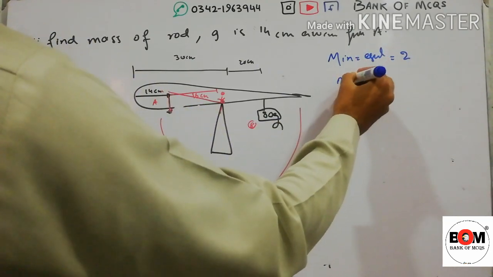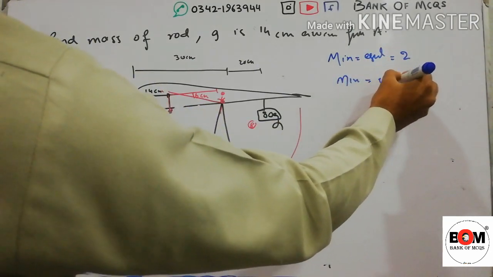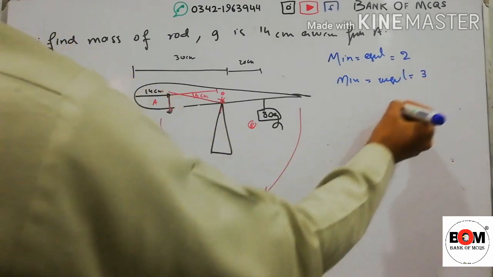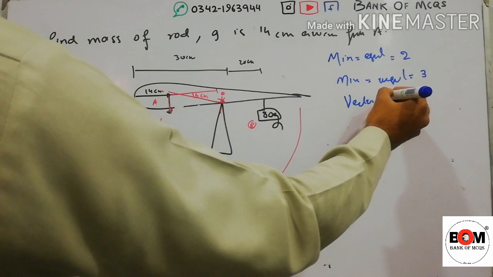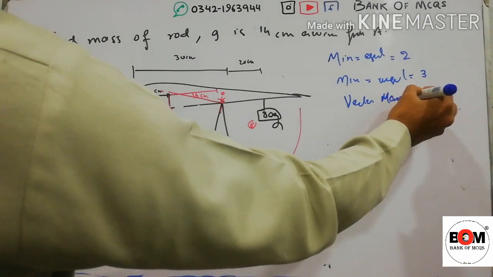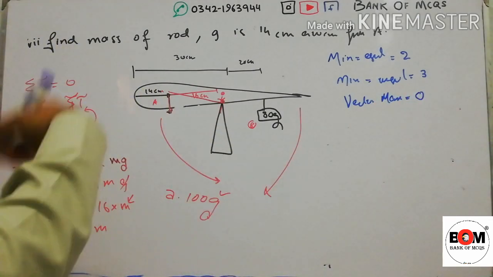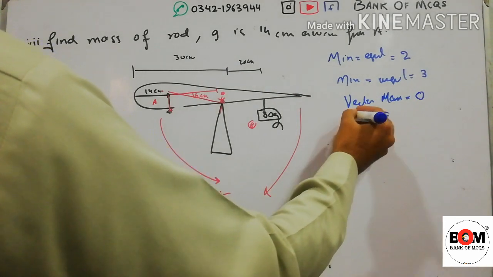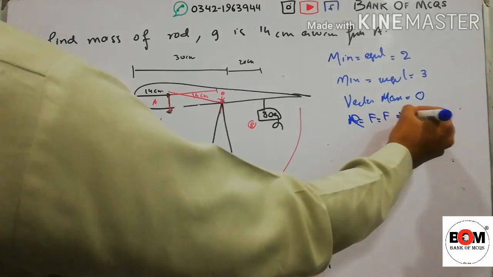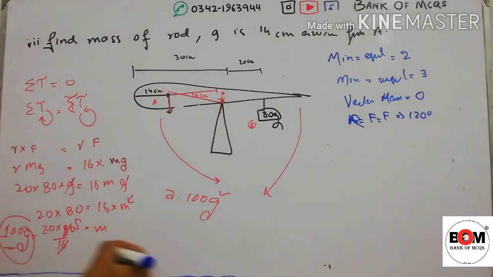If they are unequal, it may be 3. For vectors, the maximum resultant is at 0 degree. Next, if two forces have the same magnitude, the resultant can be the same only at an angle of 120 degree.